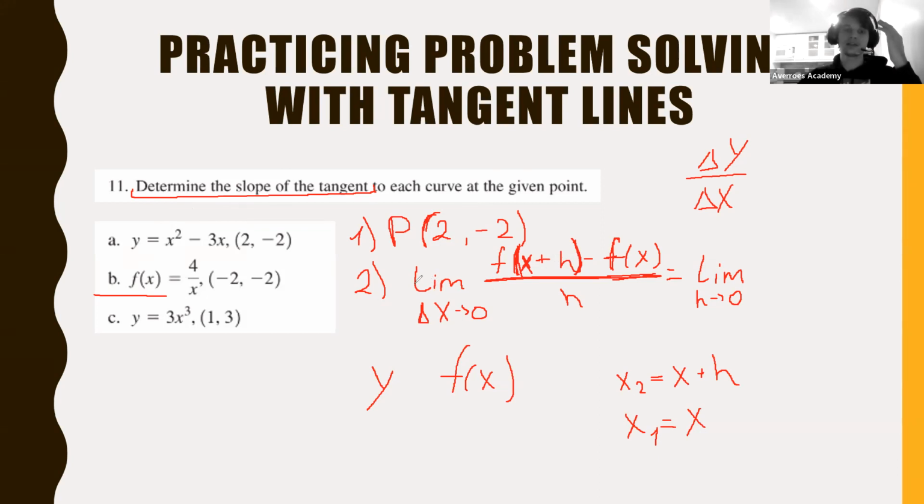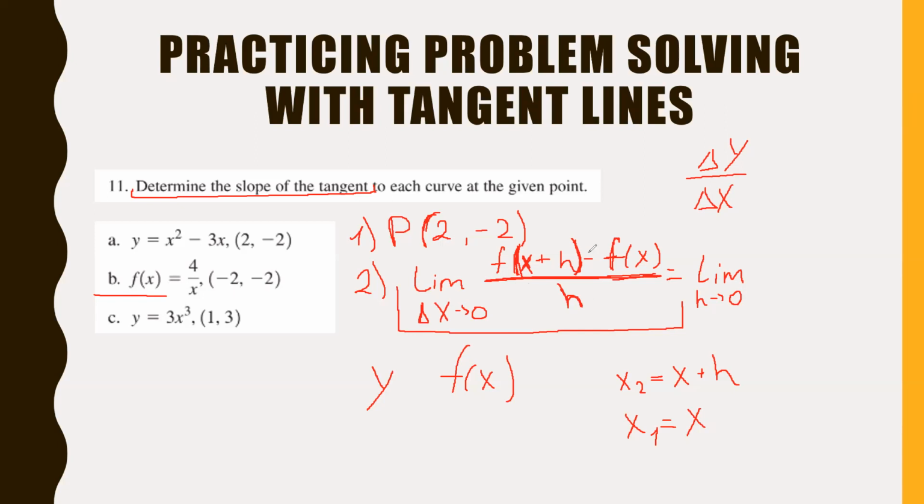So once we know it, now we're writing down the formula for the instantaneous rate of change. It's exactly the same formula as in your book, right? Yeah. And in the numerator, we have y2 subtract y1, or the value of the function at point x plus h, subtract the value of the function at point x.